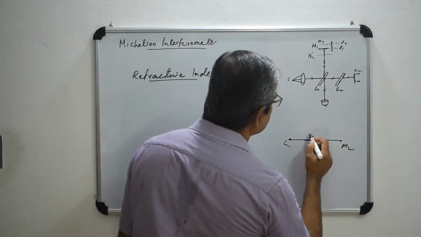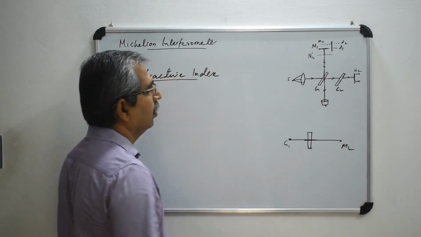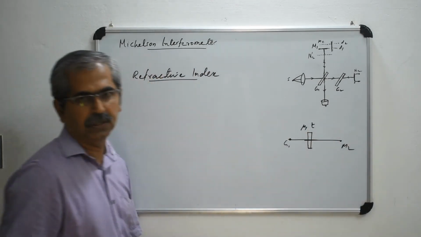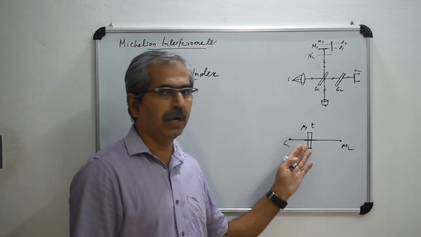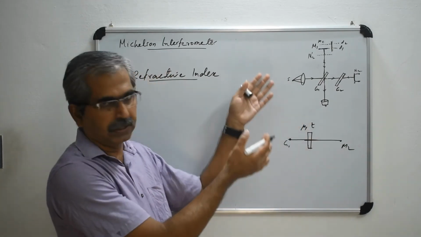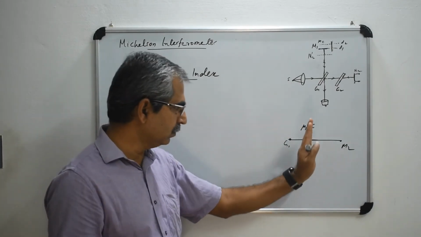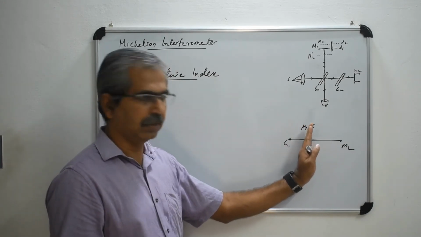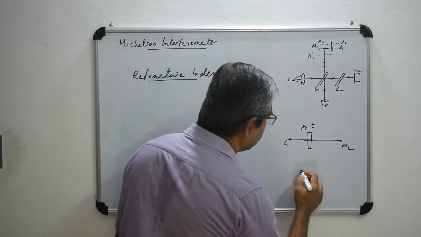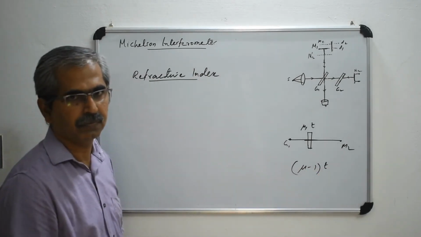Now we are introducing a thin sheet of refractive index mu and thickness T in this path. So what is the additional path that is produced? There is already a path difference, and you can have that particular fringe pattern there. Now because of the denser medium, there is an additional path. We have already calculated that value, that is mu minus 1 into T, isn't it?